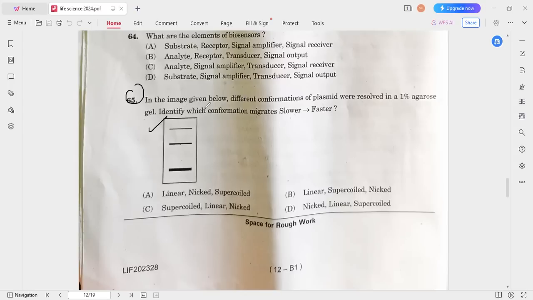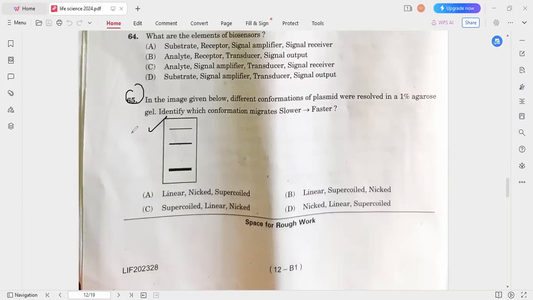Identify which conformation migrates slower to faster. So here we have to find out the conformation, which is linear, nicked, supercoiled, like that.